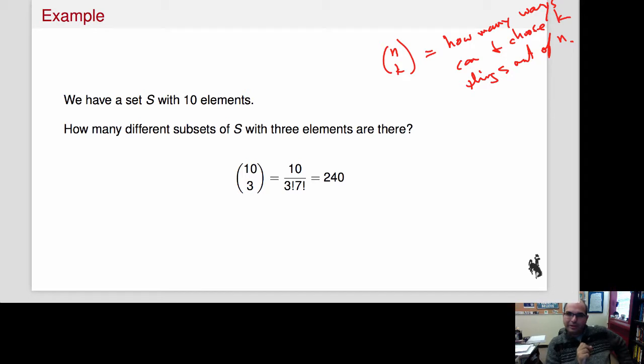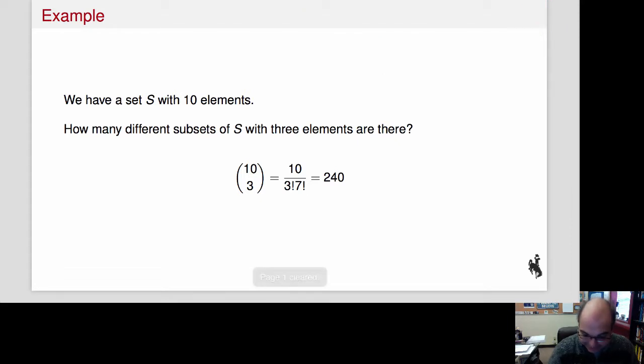I pick one of the elements, and I say, okay, so now I need to choose 2 from the remaining n minus 1, because I already picked one. Or I'm not going to take that one, so I've got 3 to select from n minus 1. It's the same recurrence relation as n choose k, and that's why n choose k is the number of subsets of a given size, like we claim that it is.